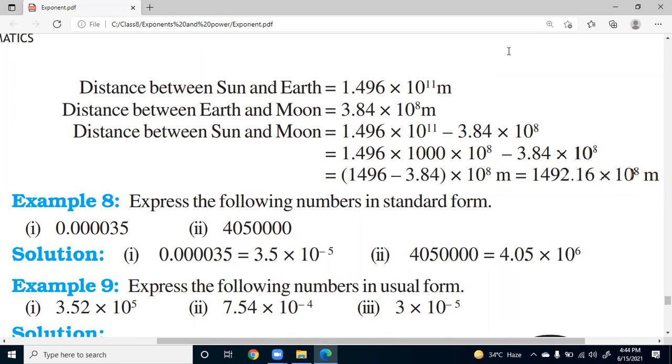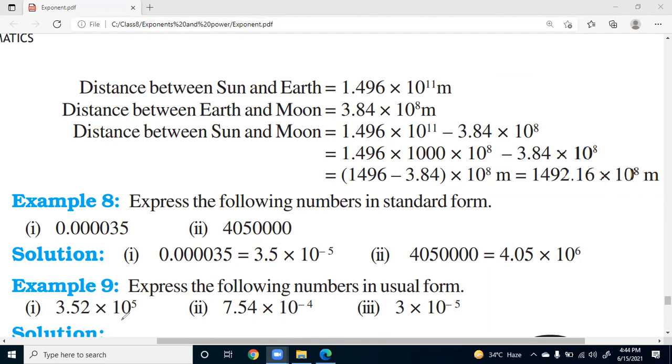Okay, so these are given in the standard form in example number 9. You need to express them in usual form. So that is a little bit different. So let me tell you how to do this question. So it is 3.52 into 10 raised to the power 5.